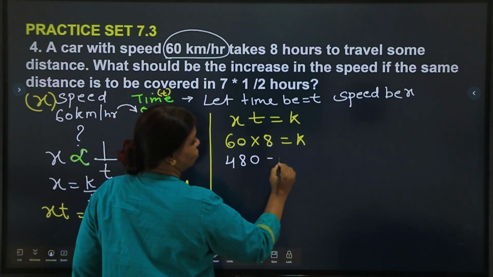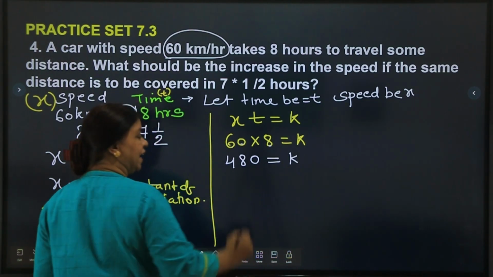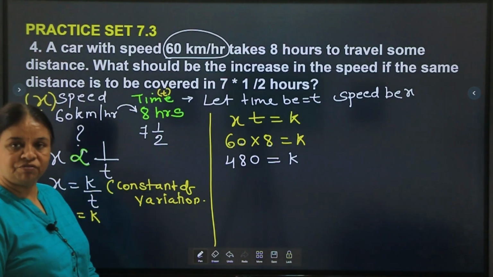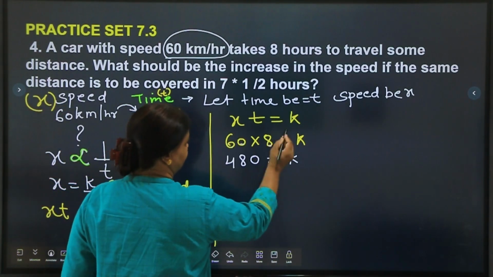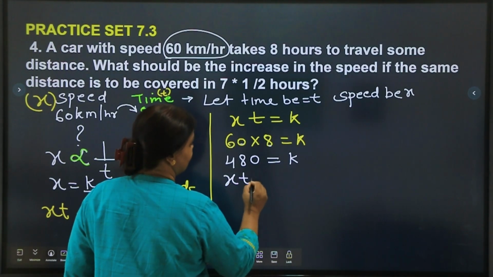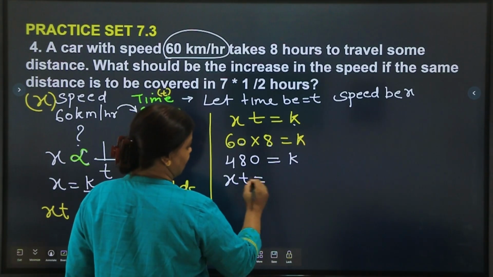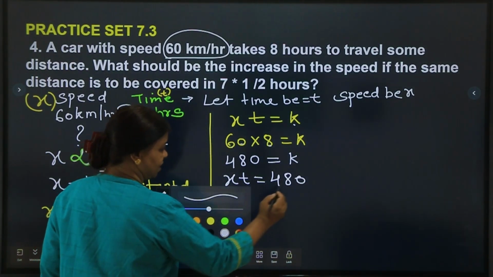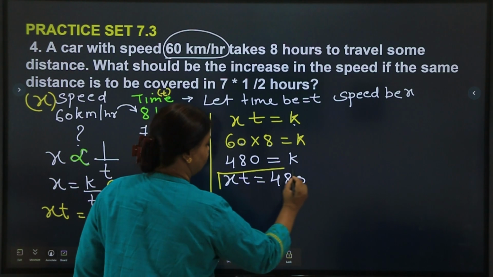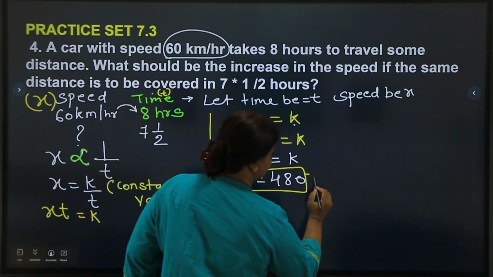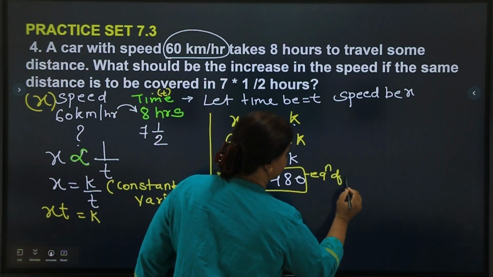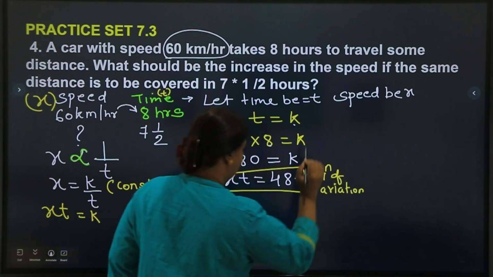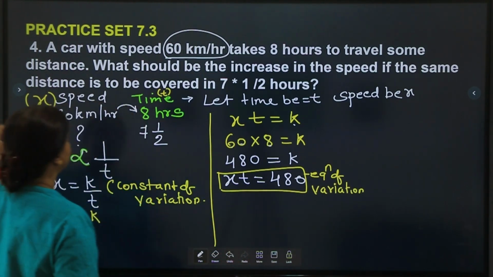So the value of k is 480. Once you get the value of k, you must write the equation of variation. So xt is equal to k, k is 480. This is the equation of variation.